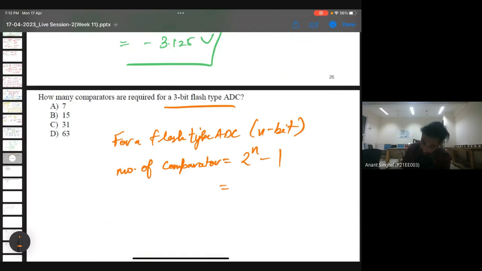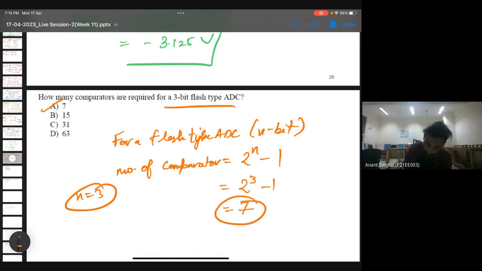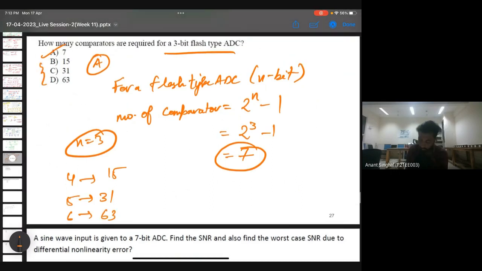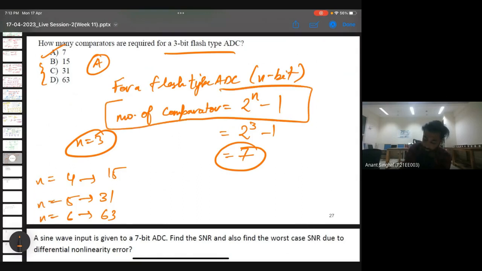For this question, n is given as 3. So 2 to the power 3 minus 1 is 7, which is option A. Similarly, for a 4-bit we will require 15, for a 5-bit we will require 31, for a 6-bit we will require 63, which are the above options. The formula is 2 to the power n minus 1.